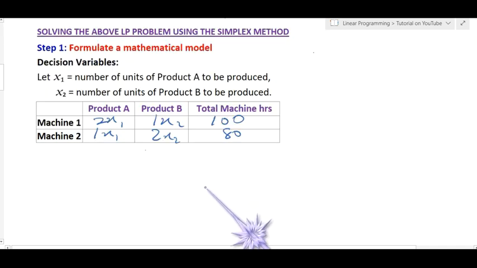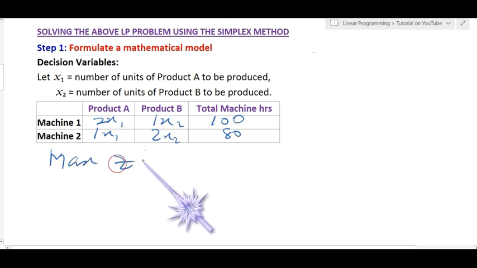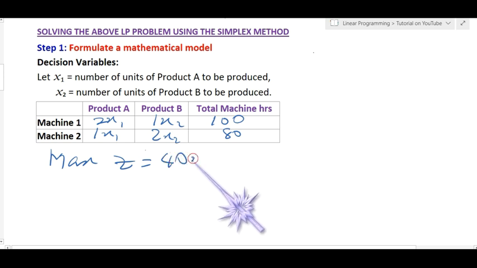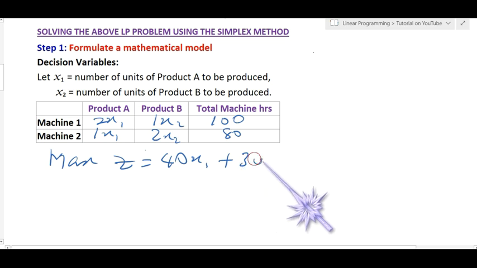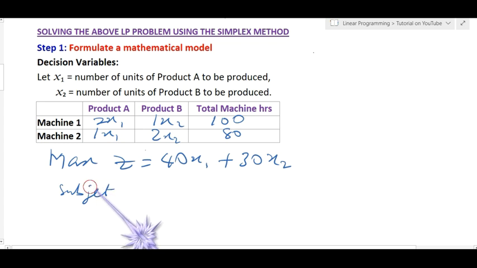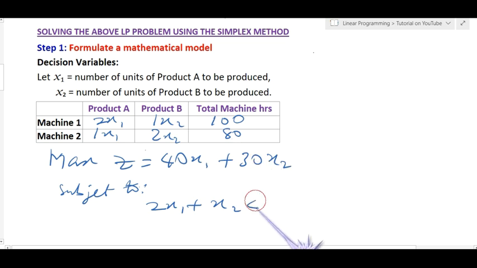To write out the standard linear programming problem, we'll say maximize Z equal to 40X1 plus 30X2, then subject to, we have here 2X1, this is the first constraint, 2X1 plus X2 is less than or equal to 100.